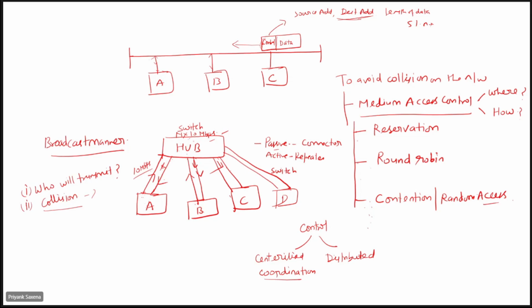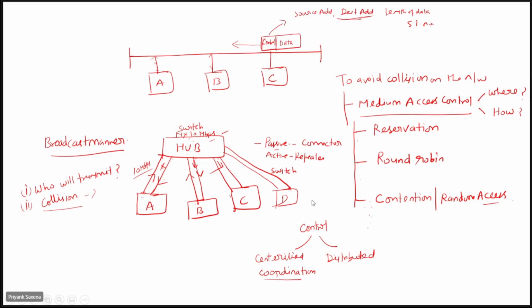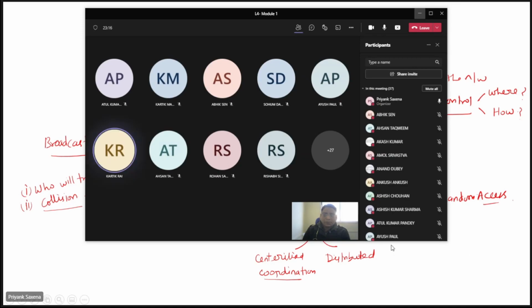In case of a distributed approach, can you say any disadvantage of the distributed approach? बोलो कार्तिक, कुछ बोल रहे हो? Sir, there might still be problems with the coordination.